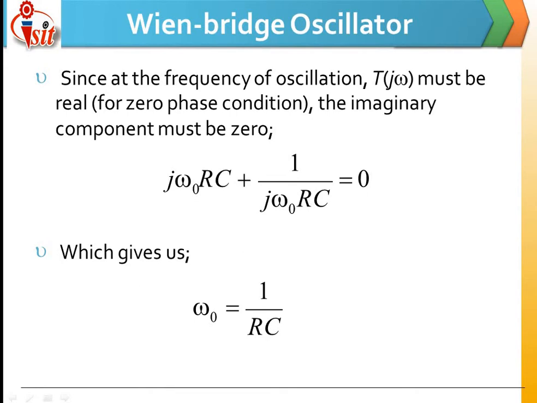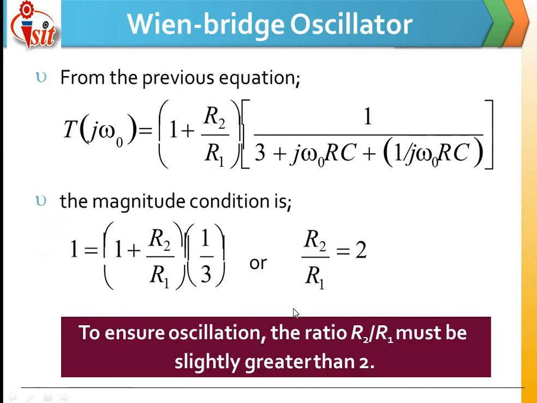Equating this with respect to ω0, which is nothing but the angular output frequency, we get ω0 equal to 1 divided by RC. This is the angular output frequency related to this equation.